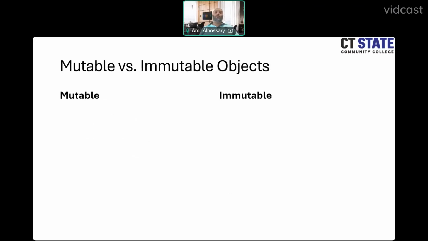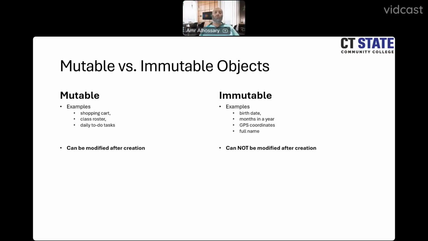Things that are mutable, like a shopping cart, a class roster, or daily to-do tasks, and things that are immutable, that cannot be changed, like birth date, months in a year, GPS coordinates of a fixed object, a building, or a full name. What does that mean? Mutable objects can be modified after creation. Immutable objects cannot be modified after creation.